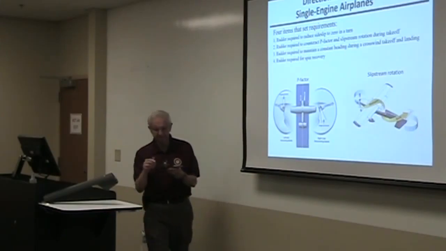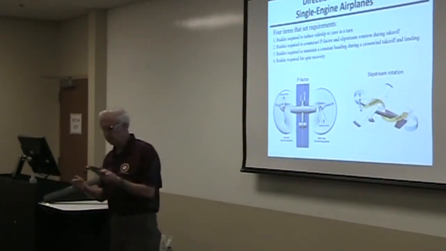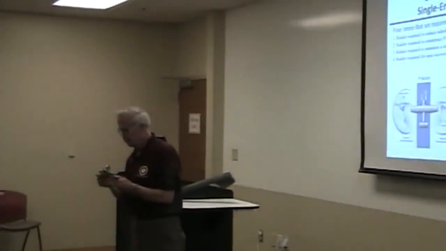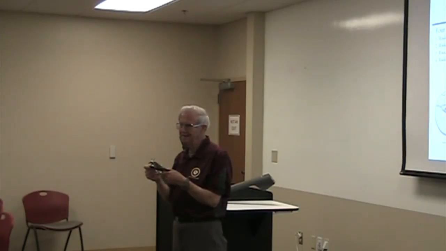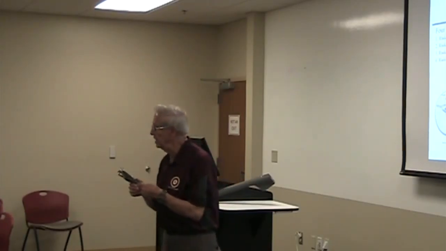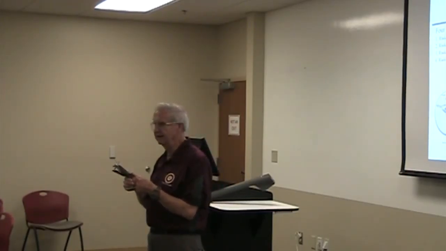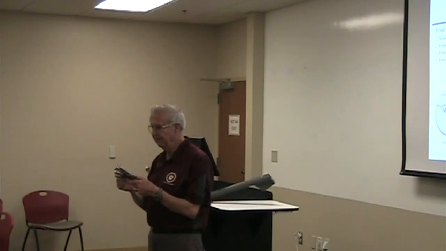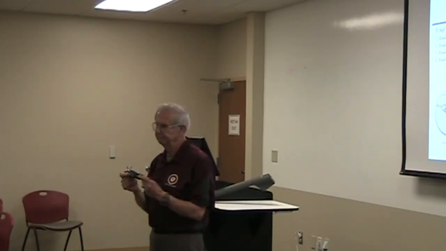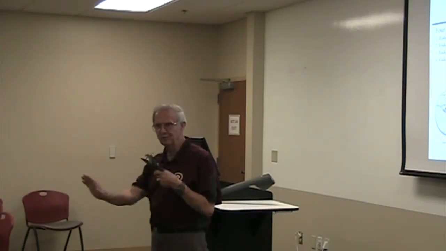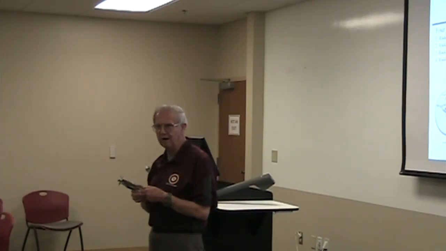On takeoff, say if this is our propeller turning, when we put an angle of attack, the downgoing blade produces more thrust than the upgoing blade due to that angle of attack difference. That tends to make the airplane want to turn to the left. Like I say, those of you who are pilots, you have to put in right rudder, right?